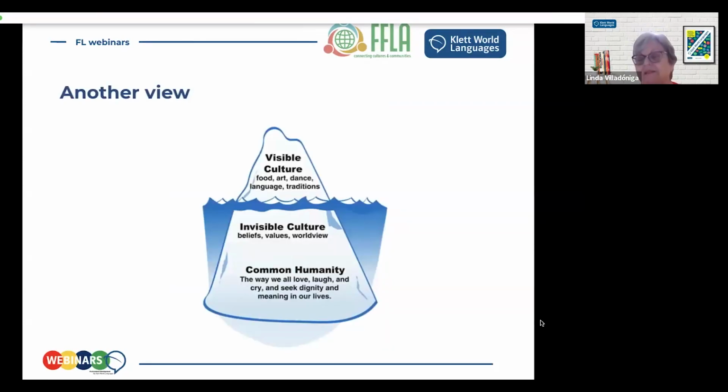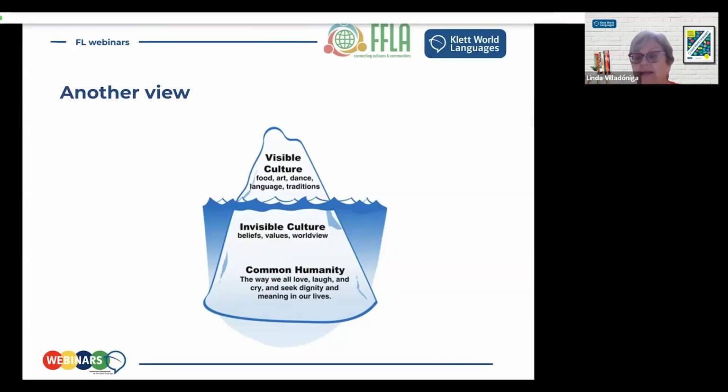This is a little one. This is a different view of the previous one that's a little bit more broken down, maybe, or maybe not. Maybe it's the opposite. Visible culture, things above the waterline. And then the invisible culture is the stuff underneath, the beliefs and the values, how you view the world, how you view society, how you view all kinds of things.